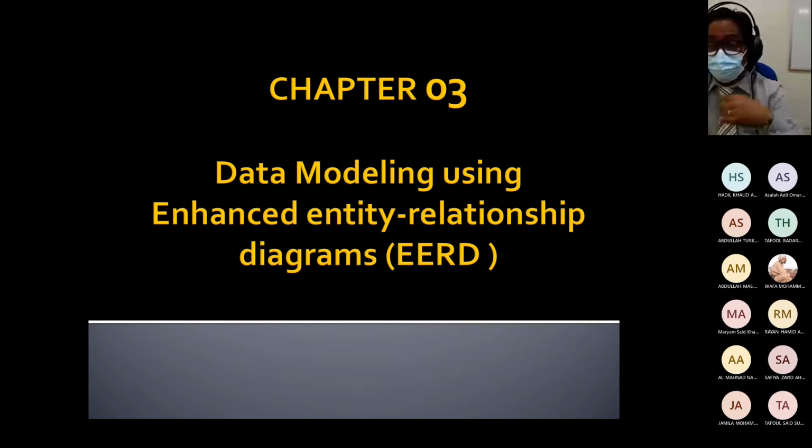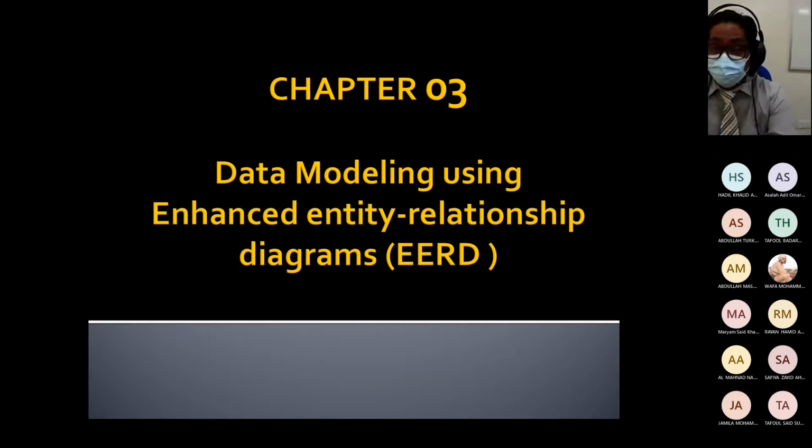So this is the summary of our chapter 2, and this time we are still under data modeling, but it is going to be an enhanced version of chapter 2, which we call enhanced entity relationship diagrams, or in short, EERD. In chapter 2, it's only ERD.